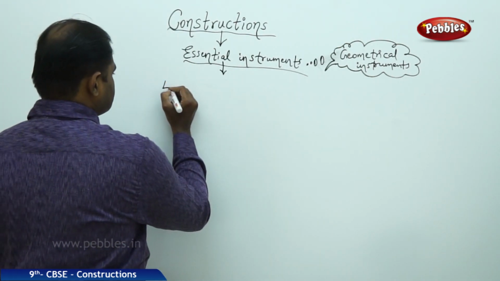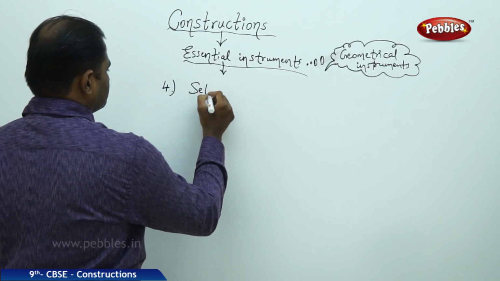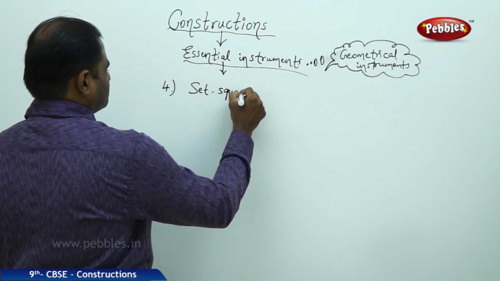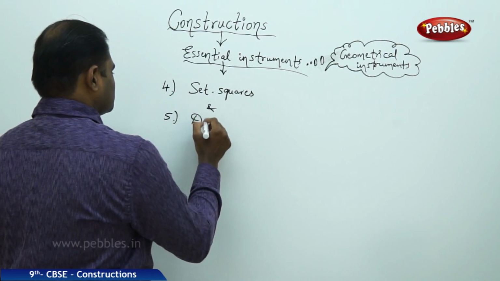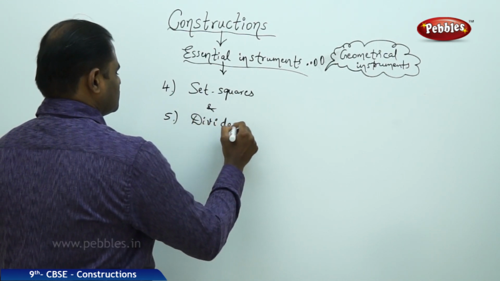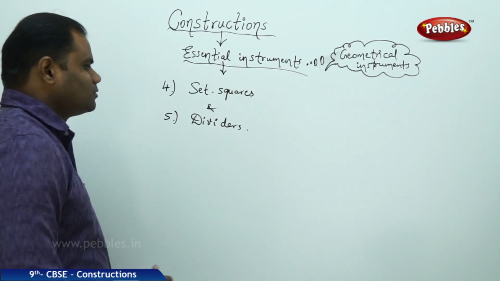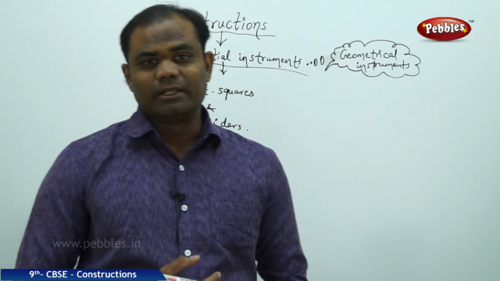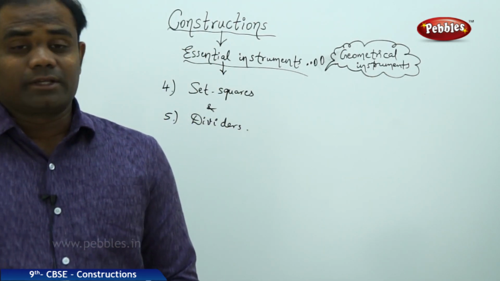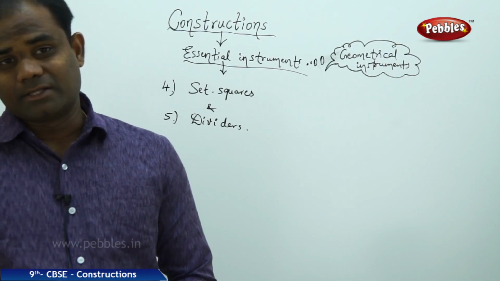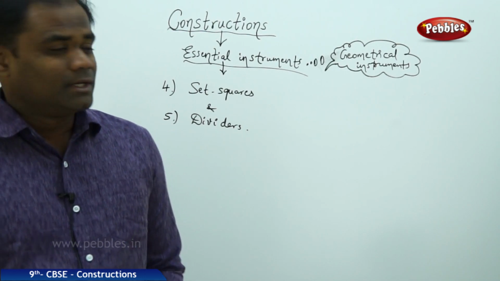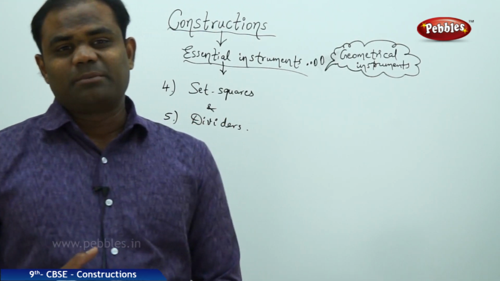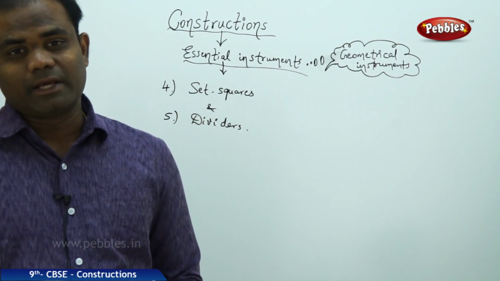Usually we use these instruments quite rarely, only when we need to take into consideration special angles like 0, 45 degrees, 90 degrees, etc. And the divider helps us in drawing two parallel lines.